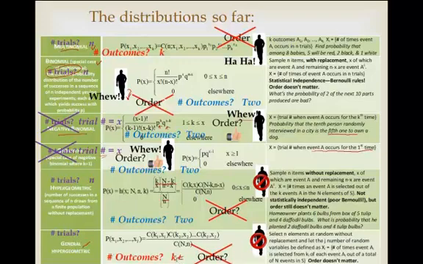But that's what that k indicates. And lastly, the number of trials is n, and then the total number is the big N. So that was my way of quickly going over all of the distributions that we've covered so far.